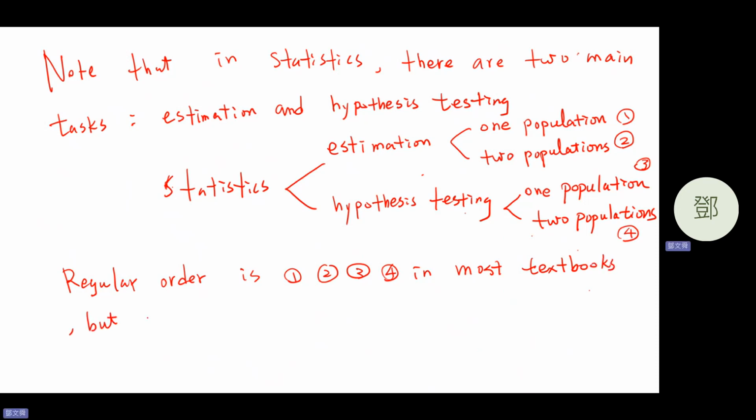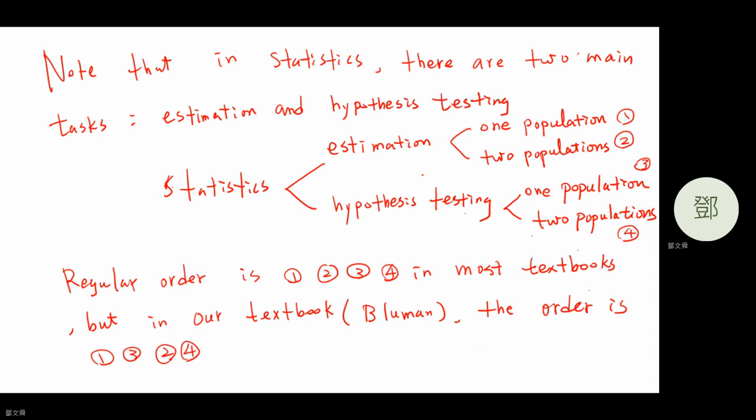But in your textbook, the Blumen, the order is 1, 3, 2, 4, which is weird. So I will go by the order 1, 2, 3, 4.